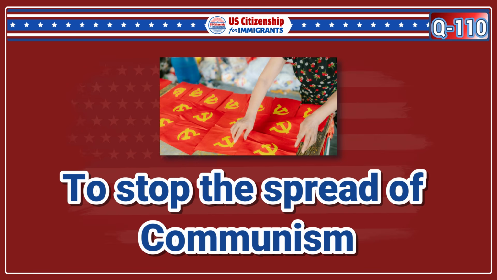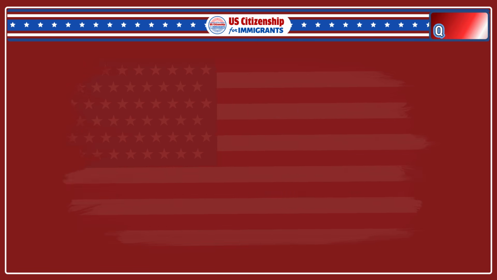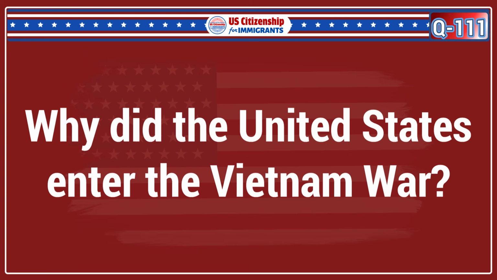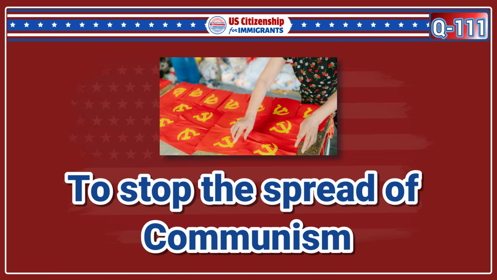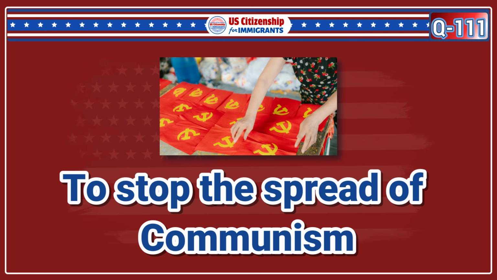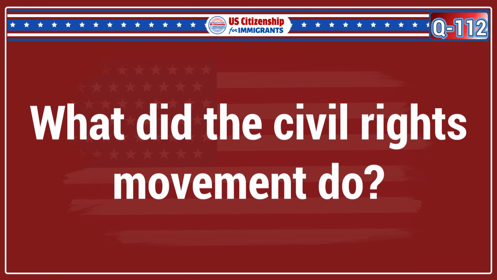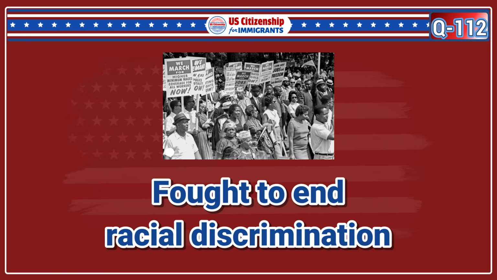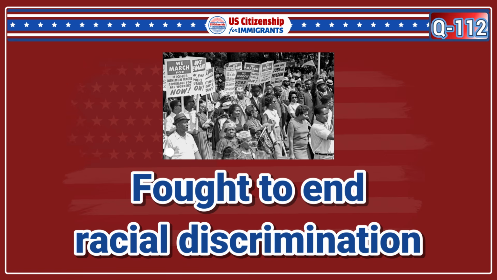To stop the spread of communism. 111. Why did the United States enter the Vietnam War? To stop the spread of communism. 112. What did the Civil Rights Movement do? Fought to end racial discrimination.